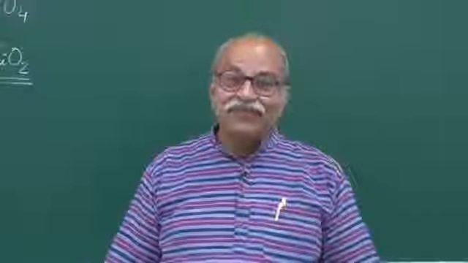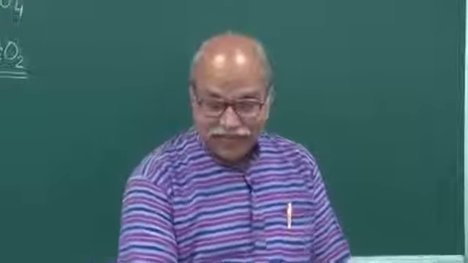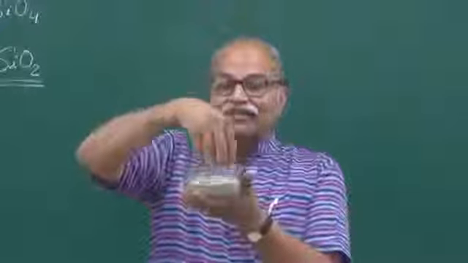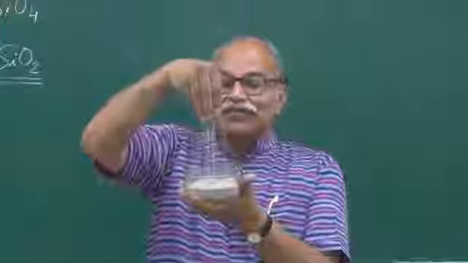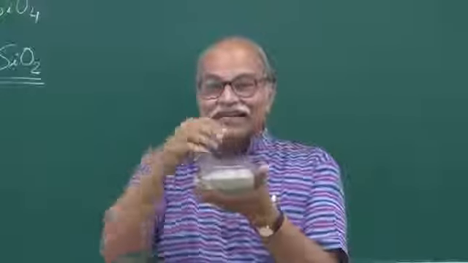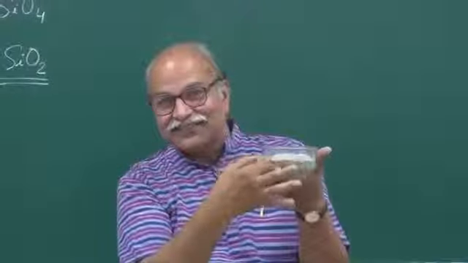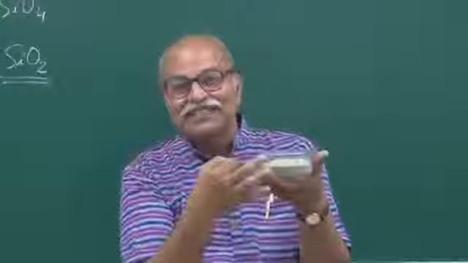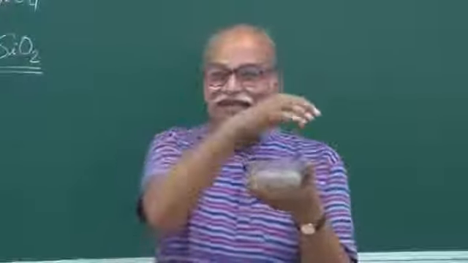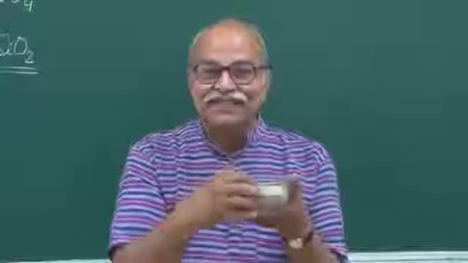Sand, okay, I have sand here. This sand is mostly silicon dioxide, silica. This sand is kept in this glass vessel. This glass vessel itself is silica, most of it, with some other materials in it.